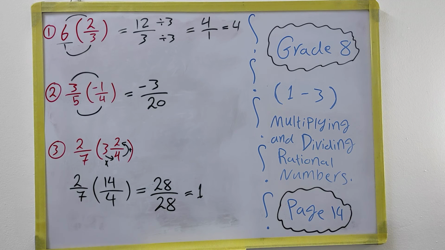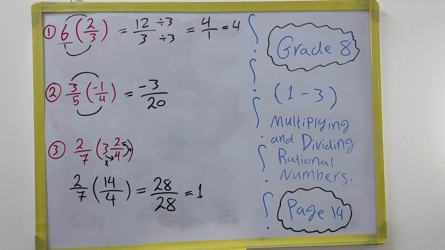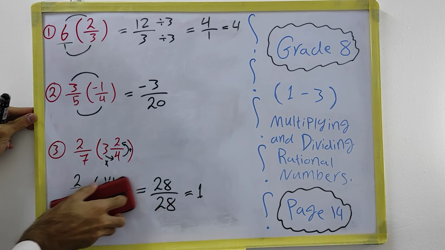Now that's all about multiplication. We did multiply in all these cases. Now we do something about divide. Let's solve an example about divide. If you know the multiplication very well, you won't have any problem in the divide.